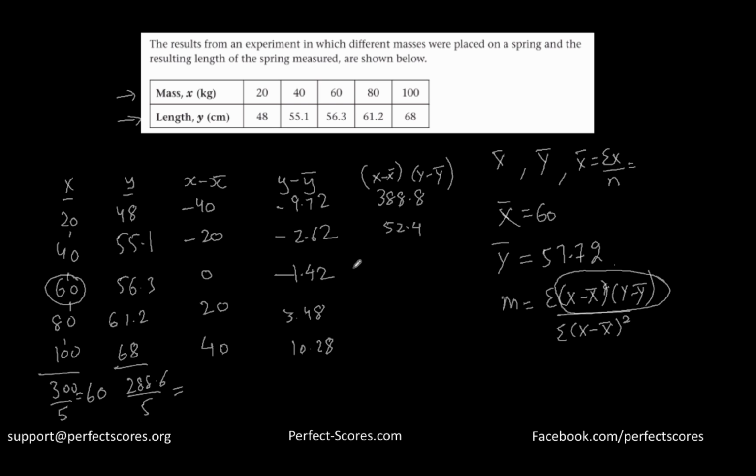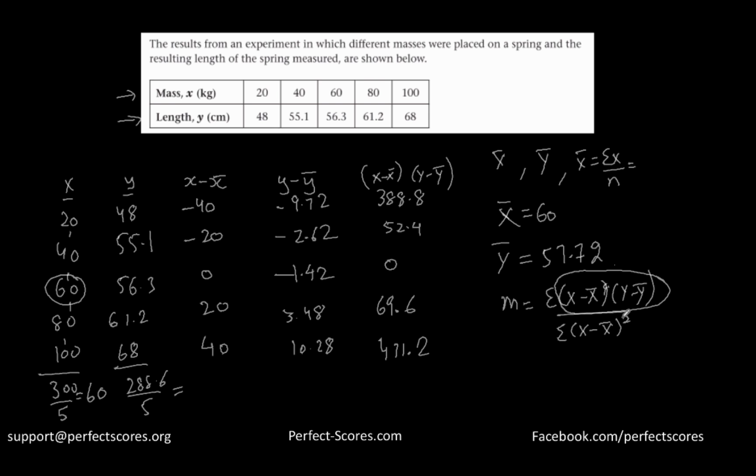I multiply 1.42 with 0, so that's 0, right? Then I multiply 3.48 with 20, so that's going to be 69.6. And I'm going to multiply 40 with 10.28. We're almost done here. So that's 411.2. Now, what do I have to do?